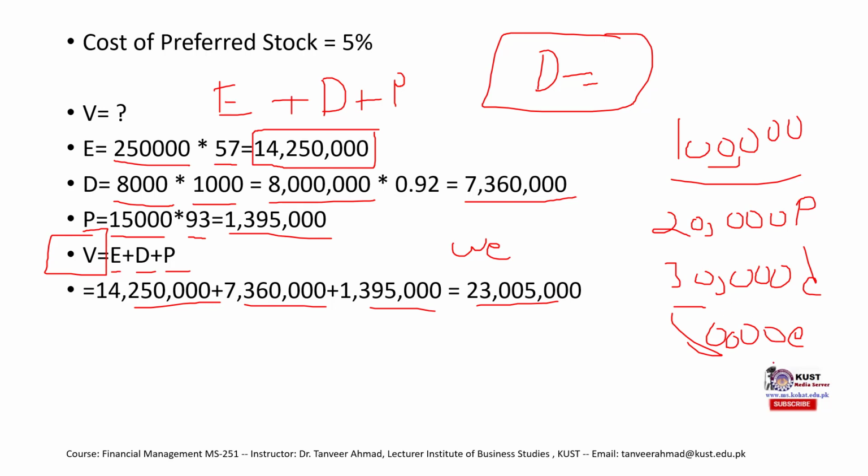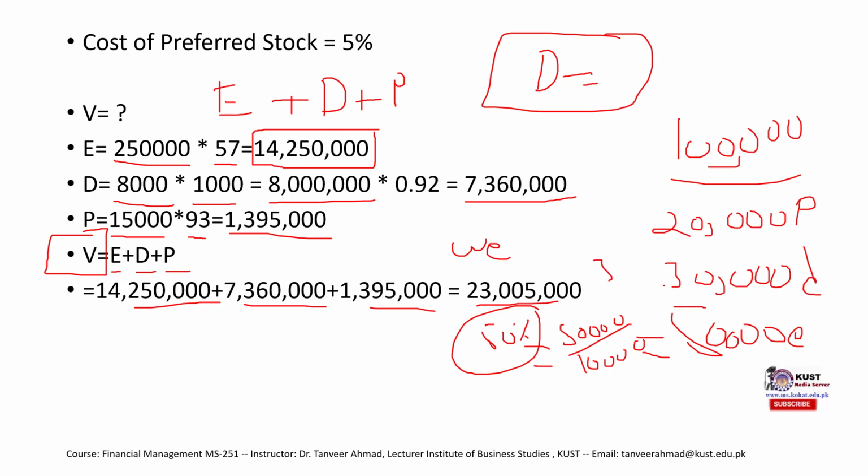So what is the percentage of each of these components? How do we find percentage? It would be 50,000 divided by the total amount, which is 1 lakh. That would be 50%. This 50% would be used as an input, as a weight in the Wacc formula.